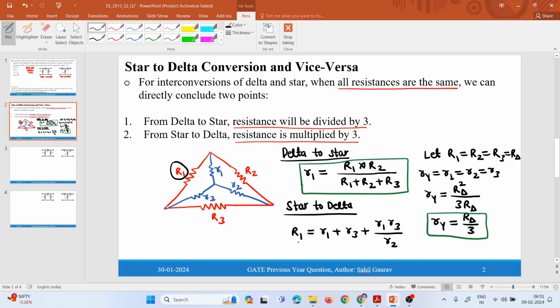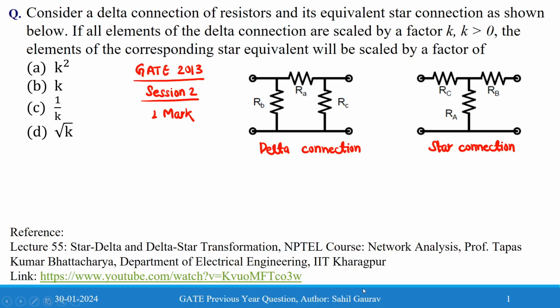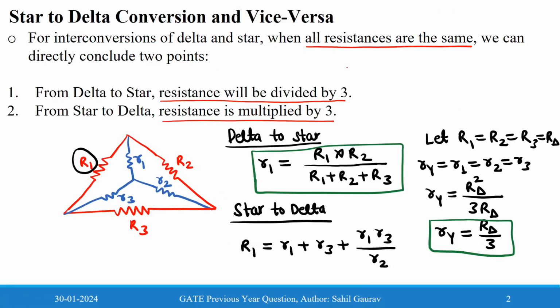Here again, if you put all the star values equal, you get R delta equal to 3 into R star. So we can conclude that if all the resistances are equal, going from delta to star the resistance is divided by 3, and going from star to delta the resistance is multiplied by 3.